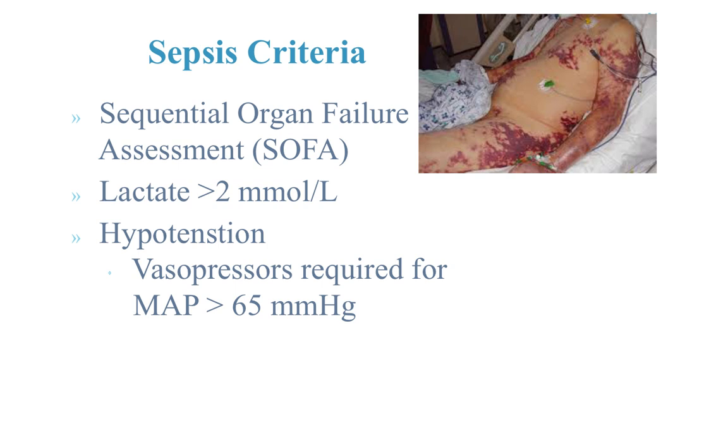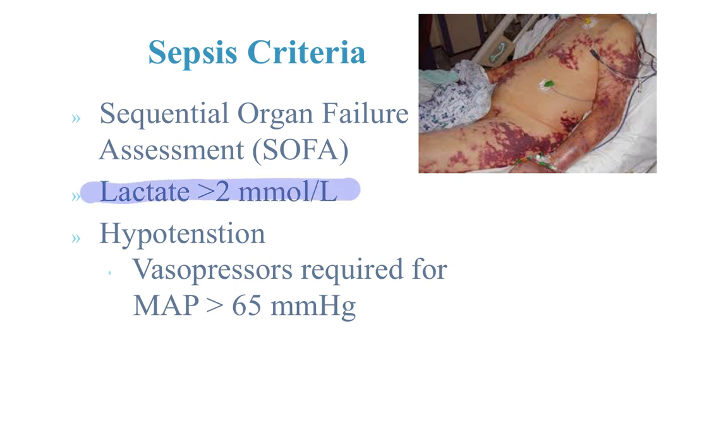We can also see signs of DIC, which is what you see in the picture here. So that's when there's pressure in the capillary beds, and our capillaries start to rupture. So you can see DIC here. Our lactate is going to be greater than 2.